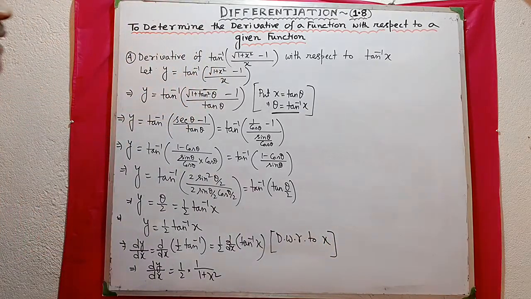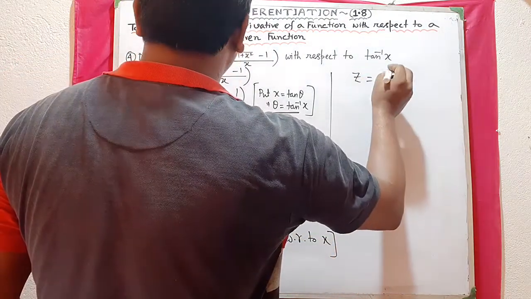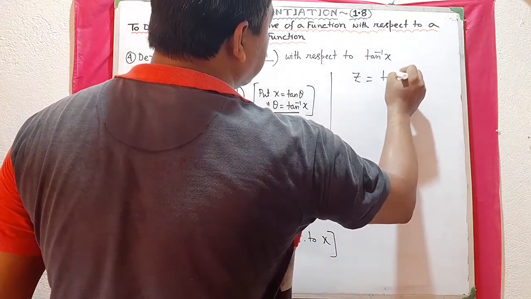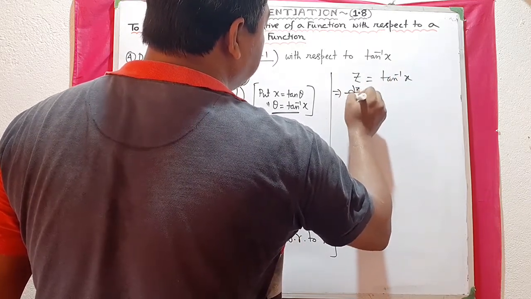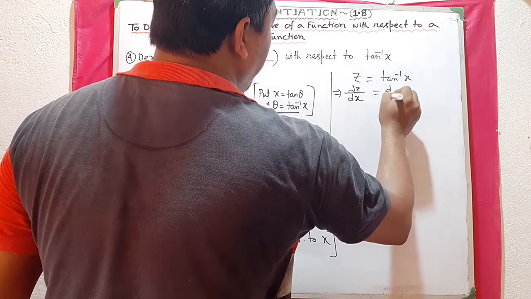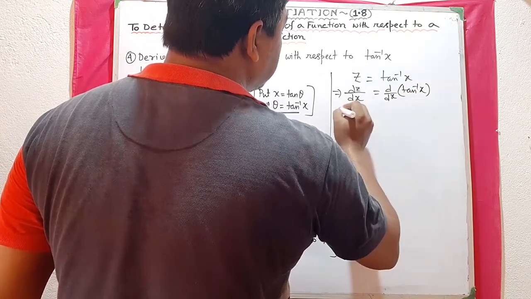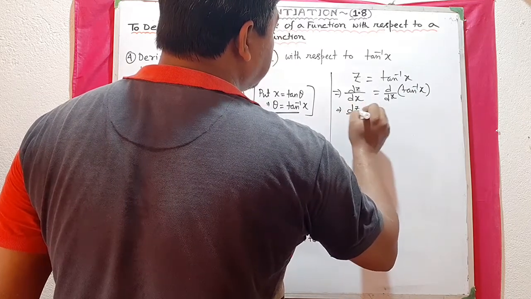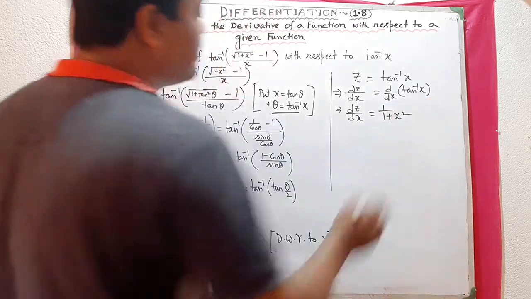Okay. Similarly, z equals tan inverse x. So now dz/dx equals d/dx of tan inverse x. So dz/dx equals 1 by 1 plus x square.